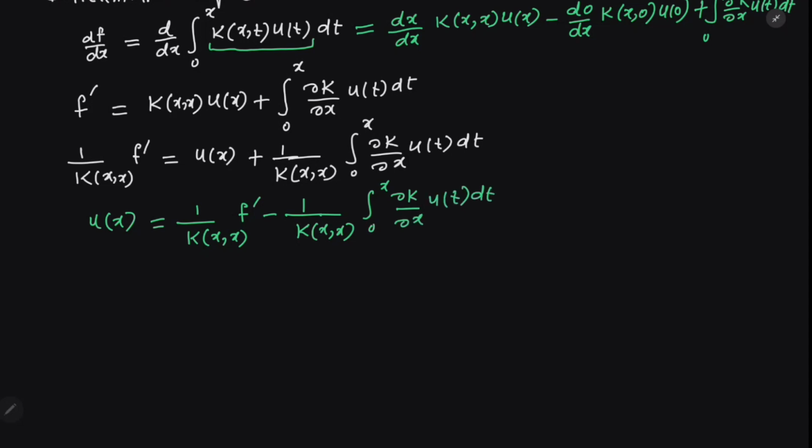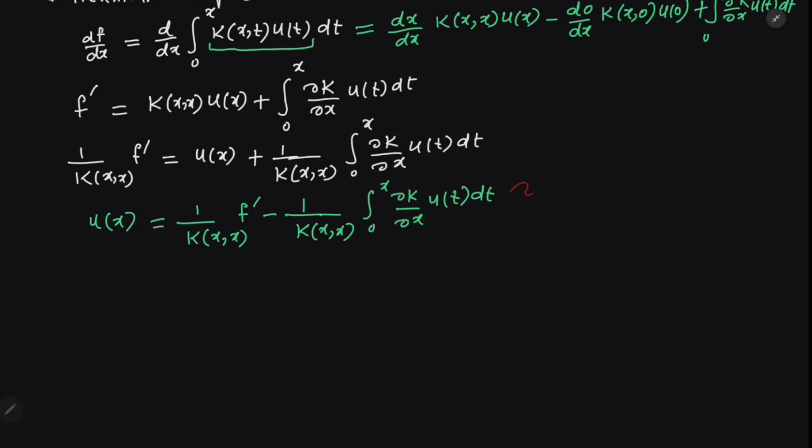So this is the Volterra integral equation of second kind. Why is this second kind? Since there is one unknown over here, and another unknown is in the integral. So there are two unknowns, so that is called second kind. And the limits are variable, so we have a Volterra integral equation of second kind.